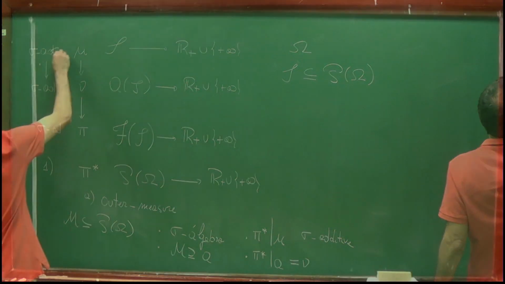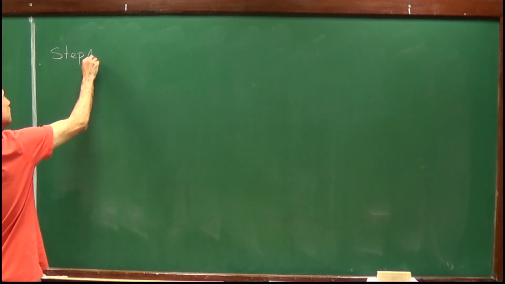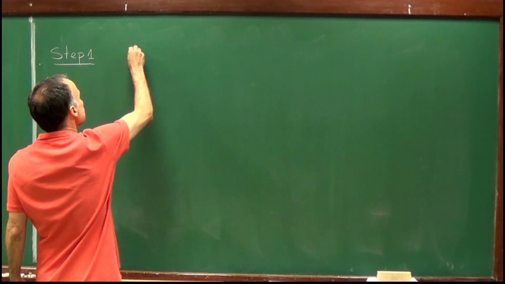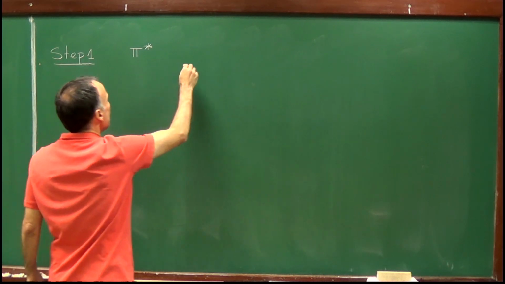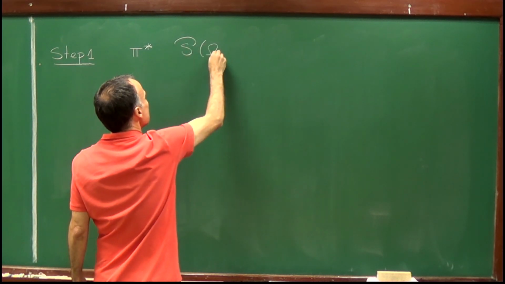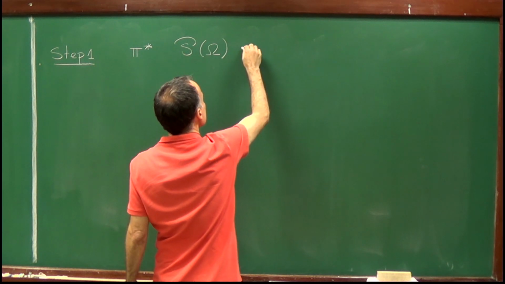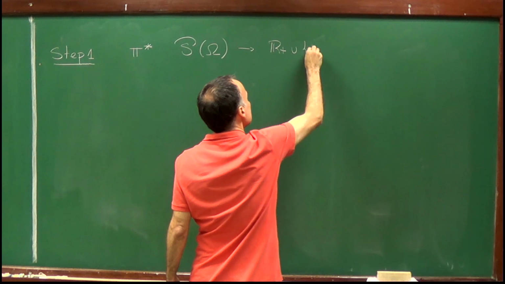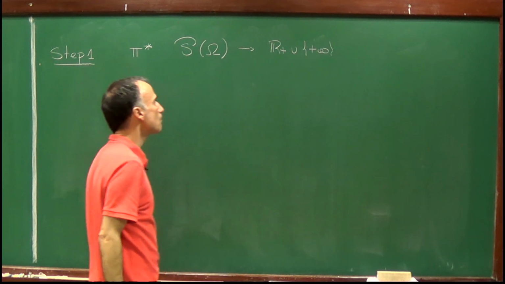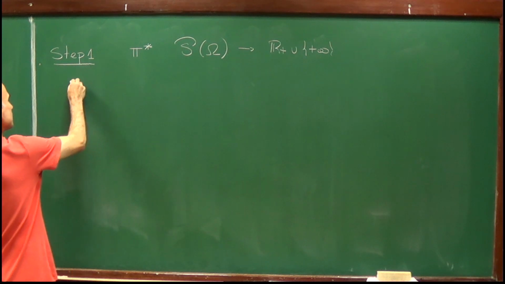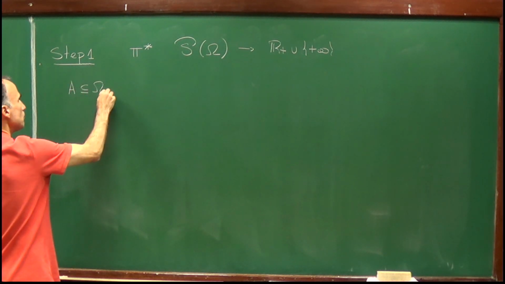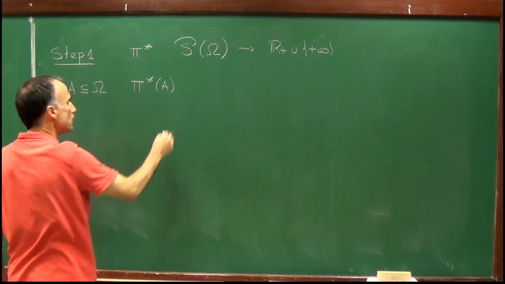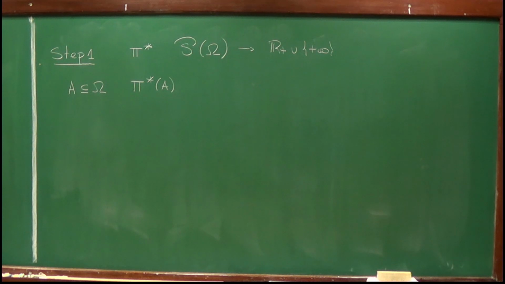So step 1, we will define P star. So I want to define P star on the power set of omega, so all the subsets of omega, taking values in R plus union plus infinity. So let's take a subset A of omega, and I will define P star of A. So here is the way in which we will define it.